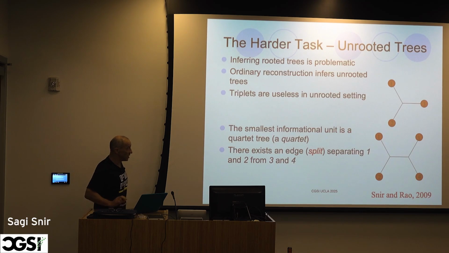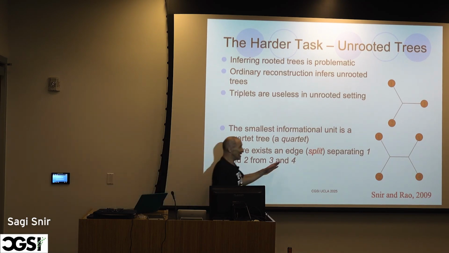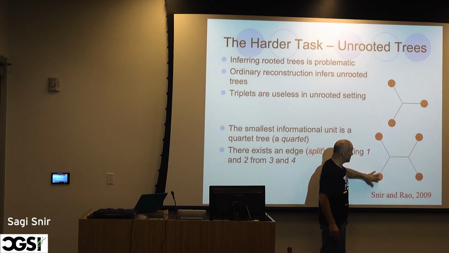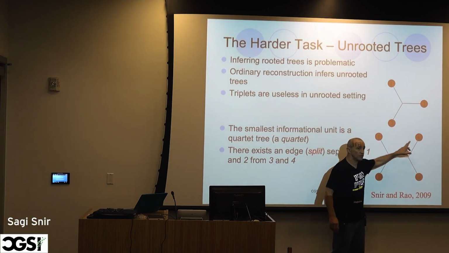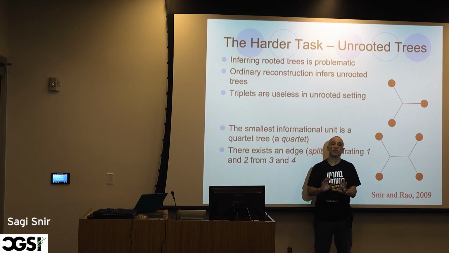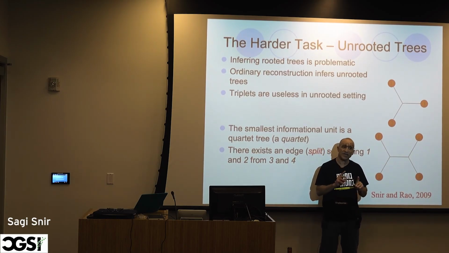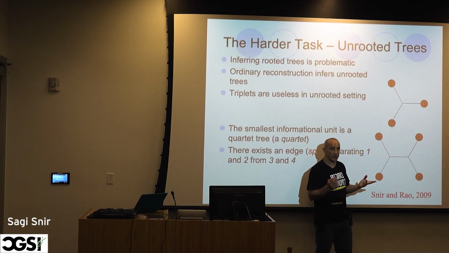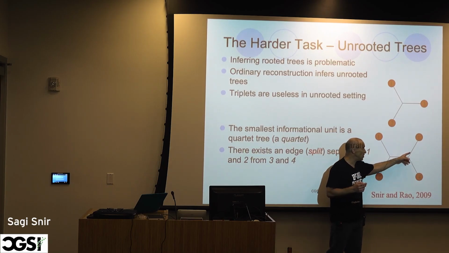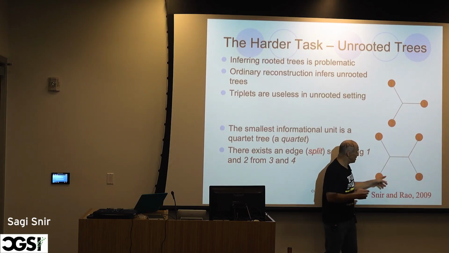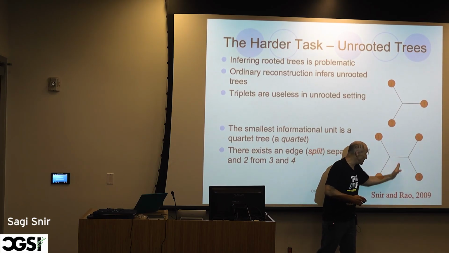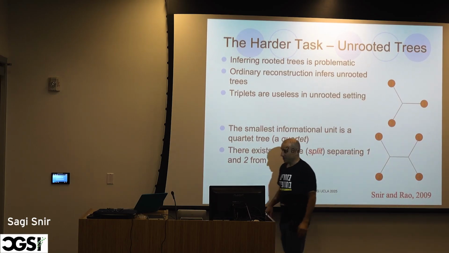And the quartet says there is an edge or a path in the tree that splits or separates 1 and 2 from 3 and 4. Nothing more than that. You cannot say anything about distance. These can be so far apart and yet separated from those. These can be very nearby and yet separated from each other.